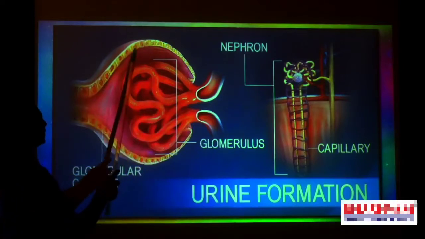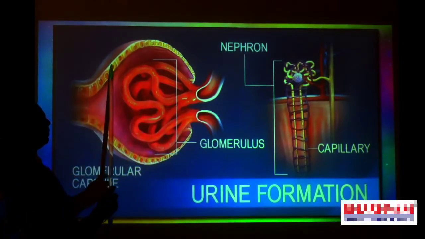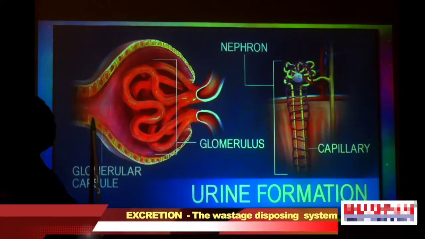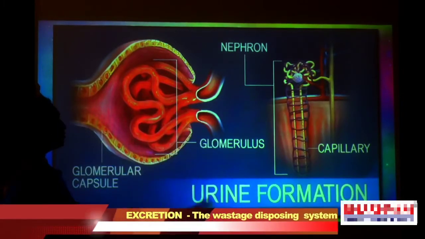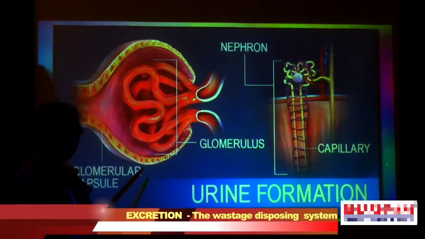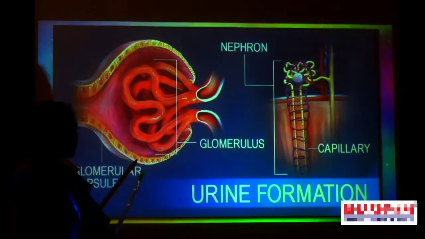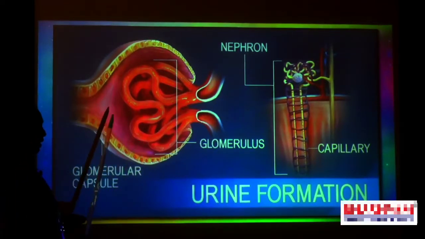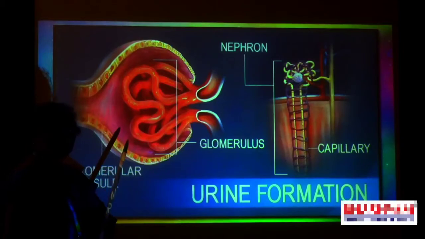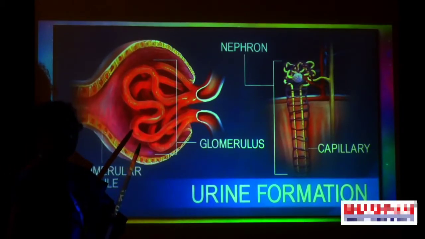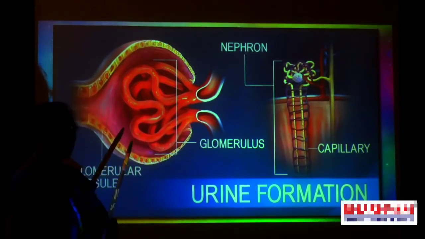Students, here you see a clearer picture of Bowman's capsule. It's a cup-like structure, and the wall of a Bowman's capsule, as I said, is made of 3 types of cells: endothelium cells, basement cells, and podocytes. Podocytes are special squamous epithelial cells which have a number of pores.